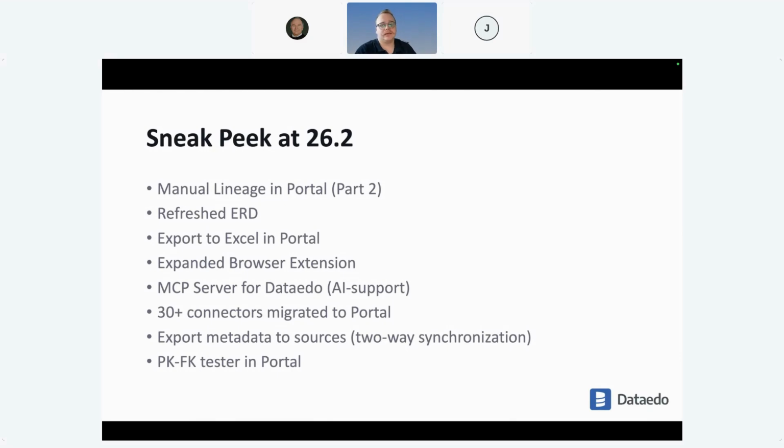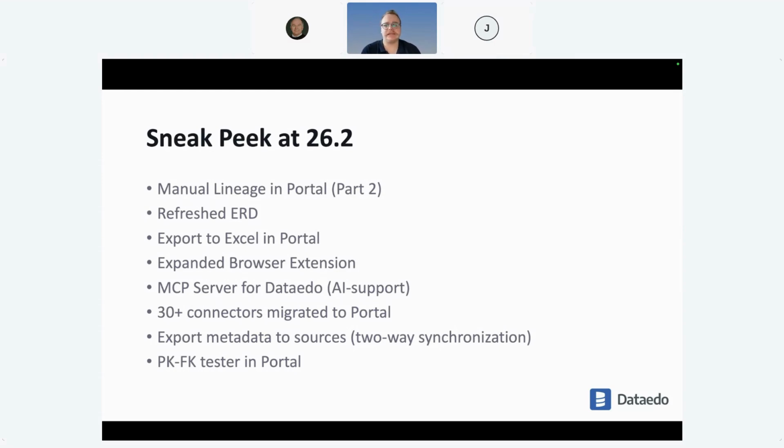So it's not only for the automated connectors that do it on their own, but you can also manually create some objects that will be shown when you are browsing those different tools.